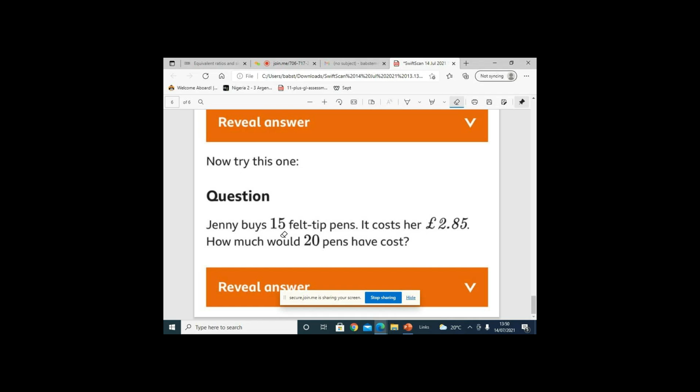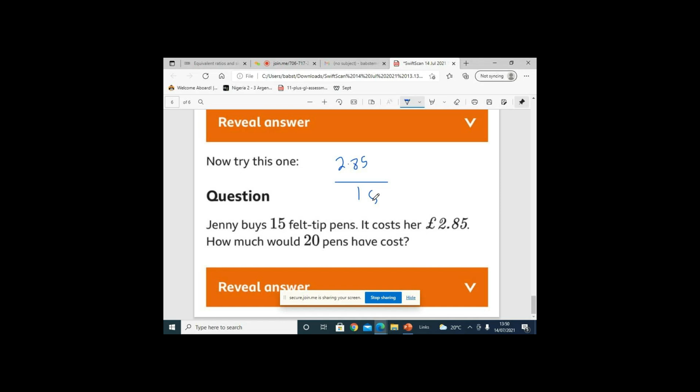380. £3.80. Okay, let's look at it. So that buys 15 felt tips. It costs £2.85. So you have to divide £2.85 by 15. It's 19.